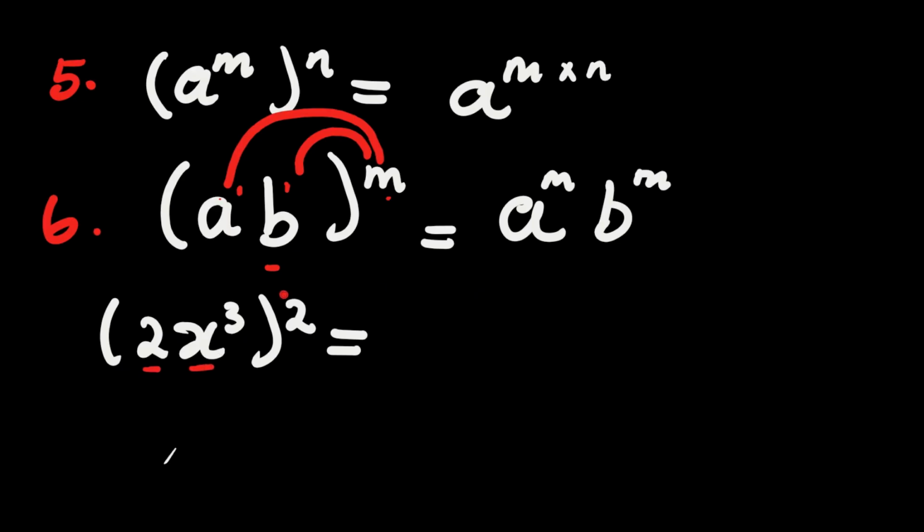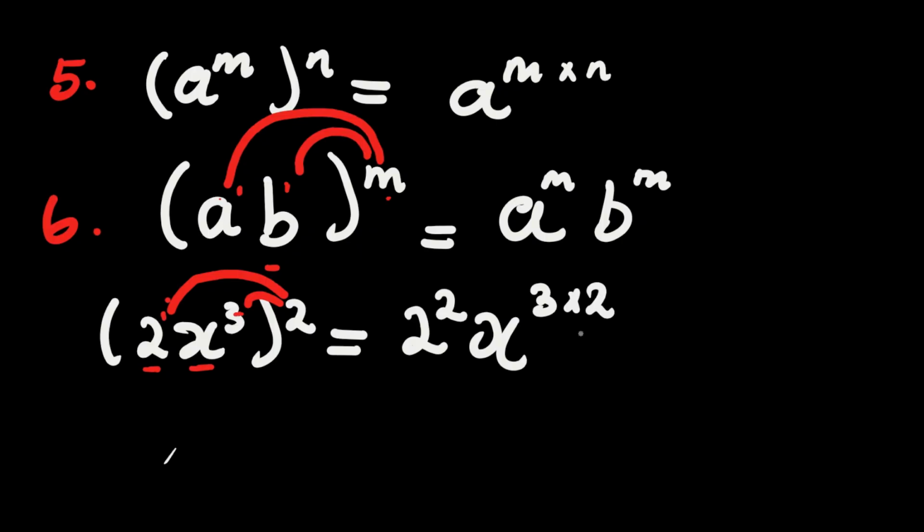Then we know that this 2 will have to multiply with the exponent here, and also have to multiply with this exponent here. So meaning our answer would have to be 2 to the power of 2 and x to the power of 3 times 2. This is equal to 2 to the power of 2 and x to the power 6.